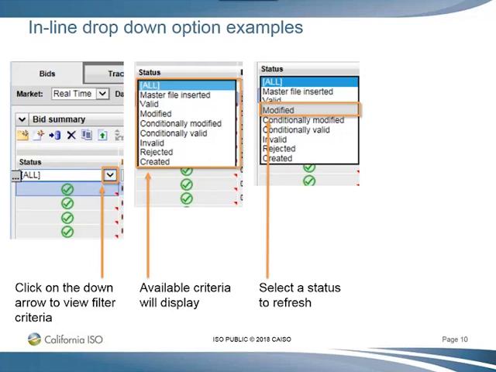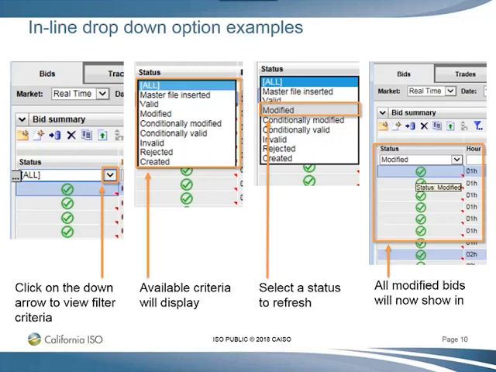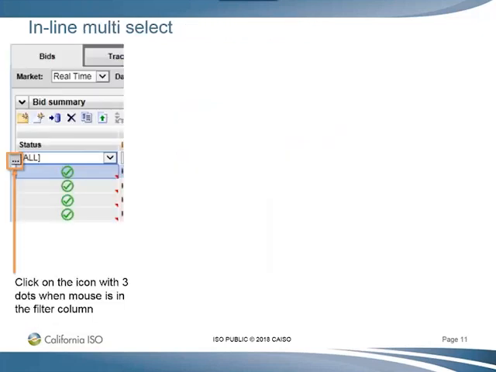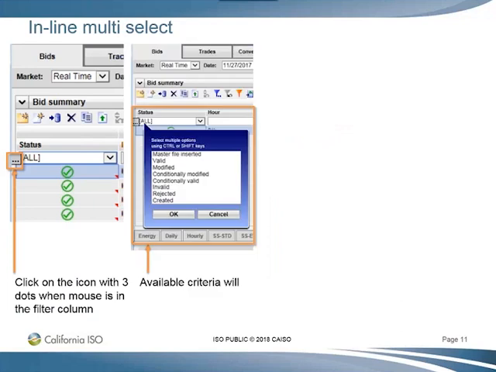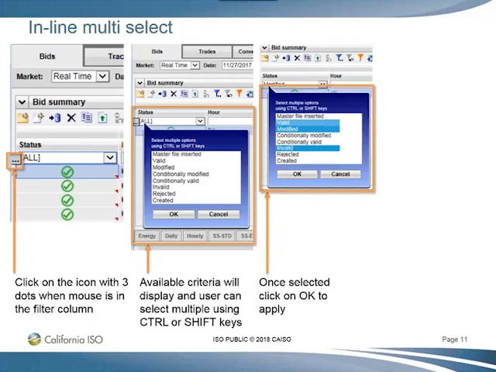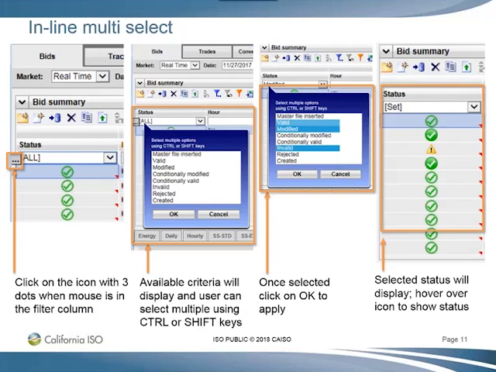So, just using the drop-down, it's only going to let you select either all or one of the selections. If you use the gray box with the 3 dots on it, that other window will pop up. And then it'll allow you to select multiple, and then hit OK, and now you would see those statuses.